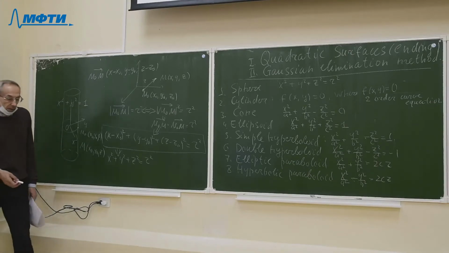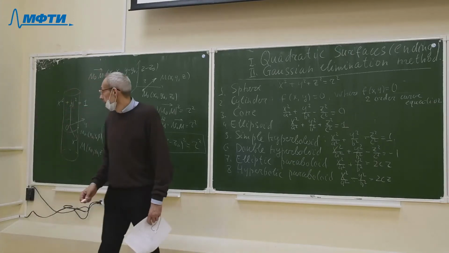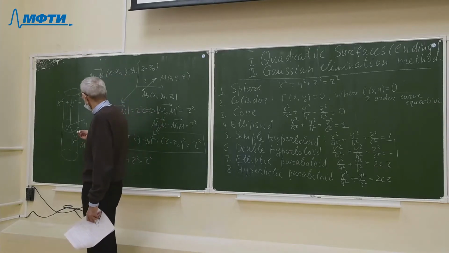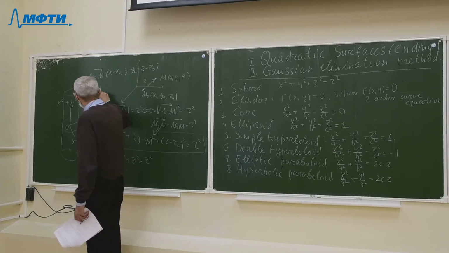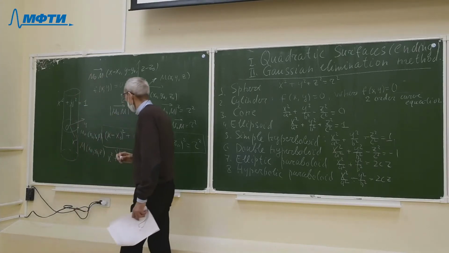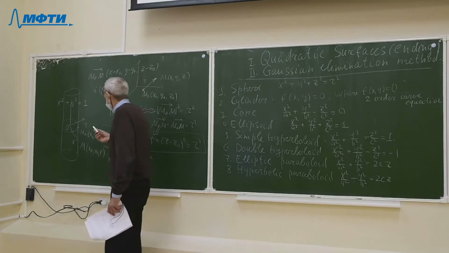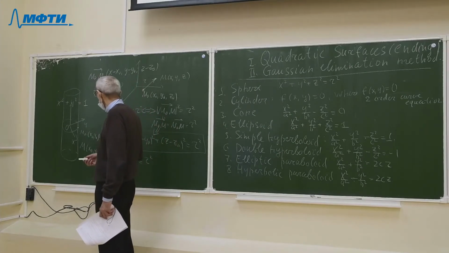We have the same reasoning when we consider an arbitrary equation of the second order curve. In this case, we obtain other examples of cylinders.